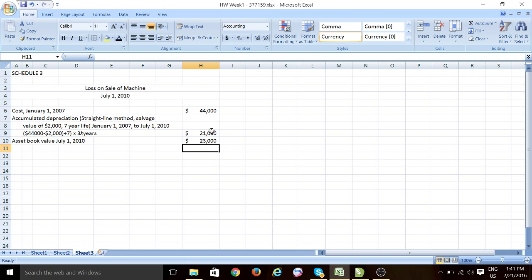But this is not the loss the company is facing because we are selling, so we have a gain which we need to calculate as well.